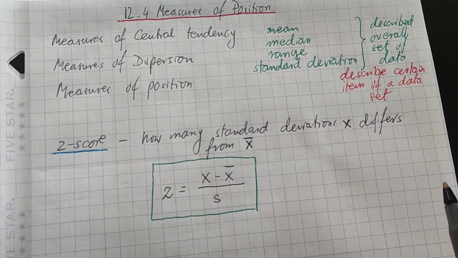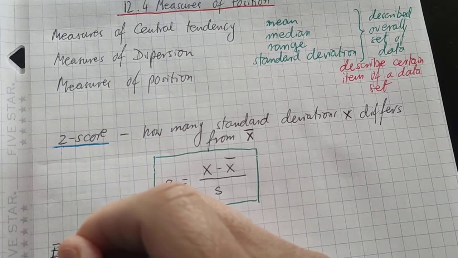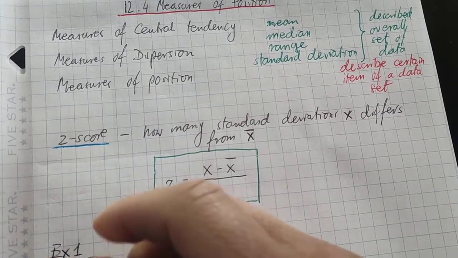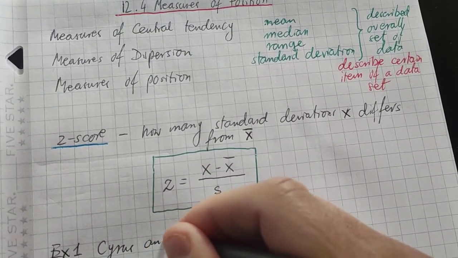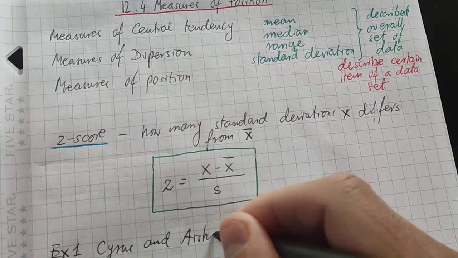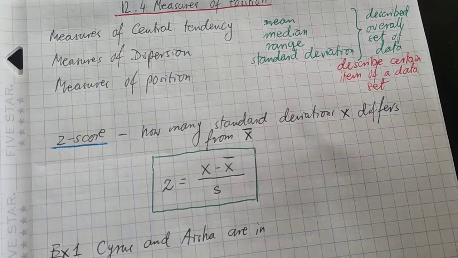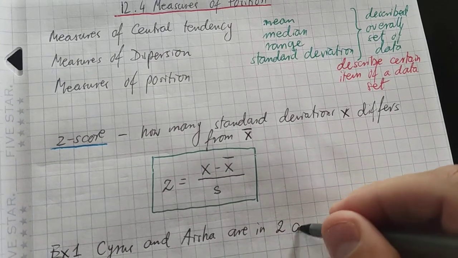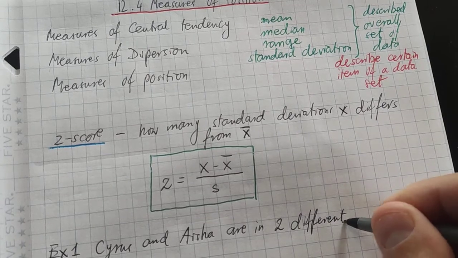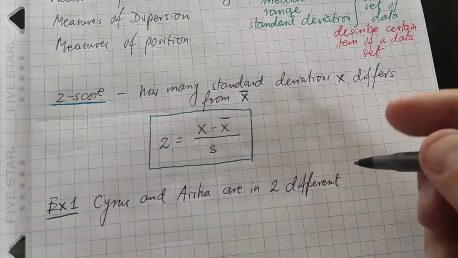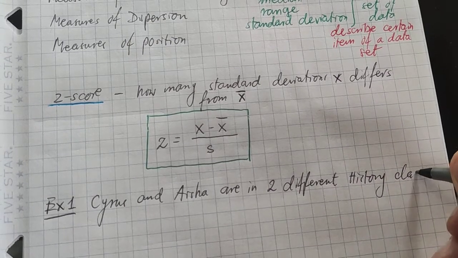All right, let's look at how it works. That's the important part. Example 1. Cyrus and Aisha are taking the same course, but in two different classes, say history classes.